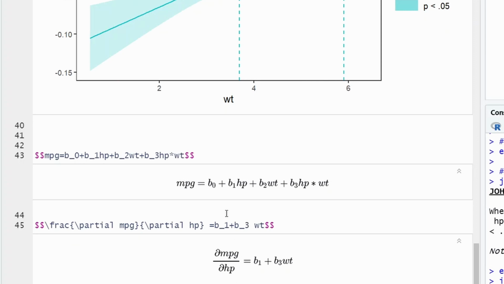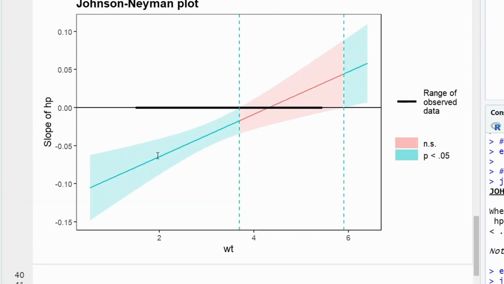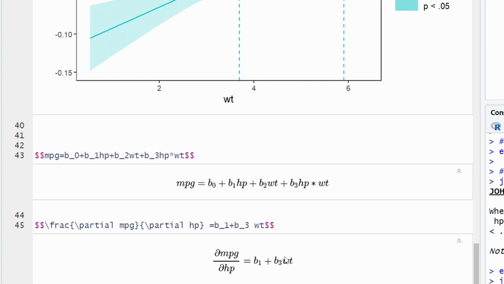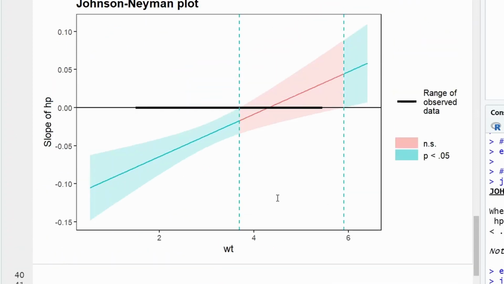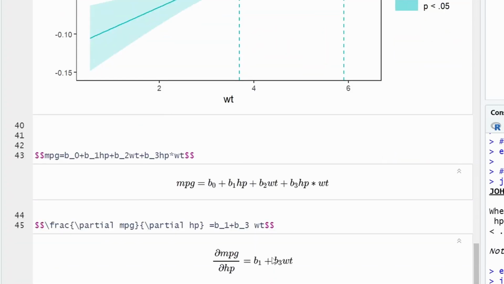You will get b1 plus b3 times weight. So as you can see, the Johnson Neyman plot is plotting this function. This is the y, this is the x. So you can see that this line is actually with the slope of b3.